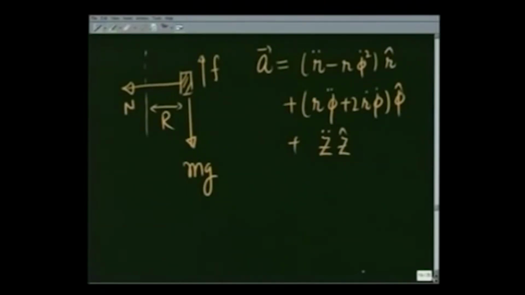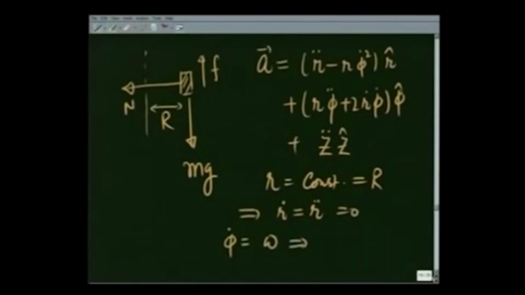However, in equilibrium, when it is moving stuck on the wall, r is constant and equal to R, and therefore r dot equals r double dot equals 0. Similarly, phi dot is fixed to be omega, and this implies phi double dot is also equal to 0, and it is not moving up and down, and therefore z double dot is also equal to 0.